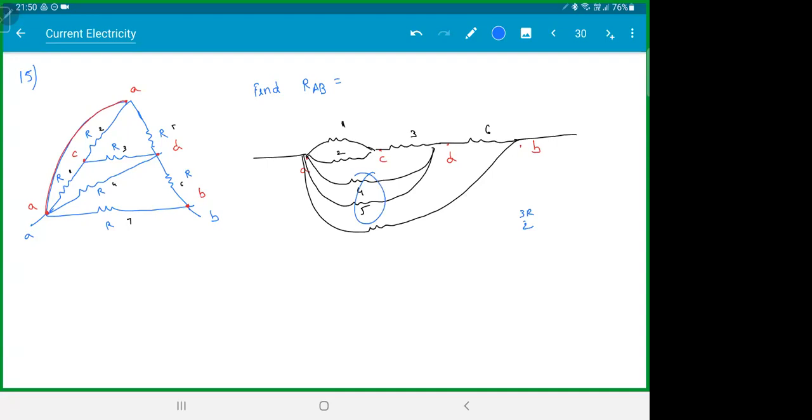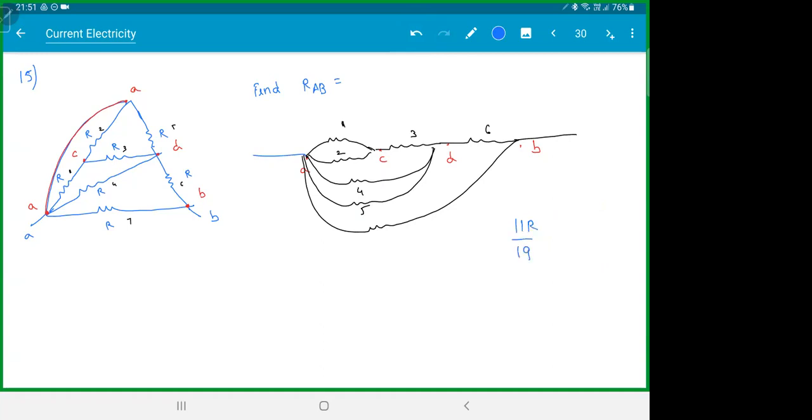This is R by 2. 3R by 2, R by 2, that is 2R. 3R by 8, 3R by 8 plus R. 11 by 8 by 11 by 19. Perfect, Daniel. You got it right. 11 by 19. That's the answer.